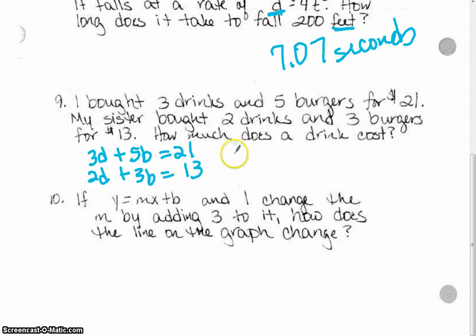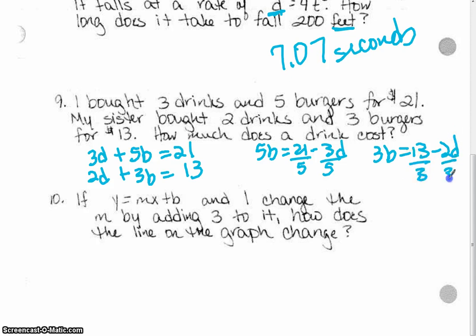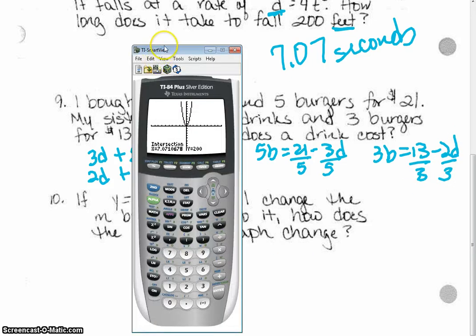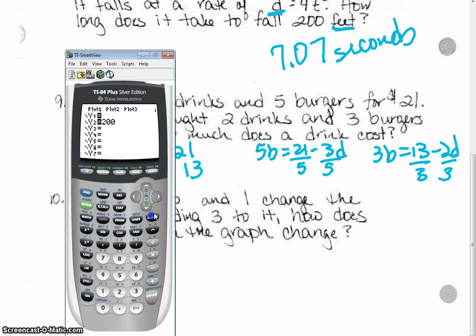So then you want to solve them. You want to probably get b by itself. So 5b is equal to 21 minus 3d. Everything gets divided by 5. And then for the other one, you're going to say 3b is equal to 13 minus 2d, and everything gets divided by 3. I have 2 equations. They're going to go to y equal.